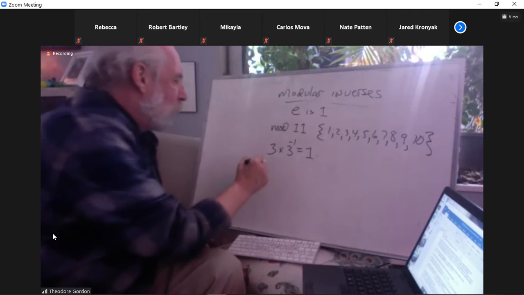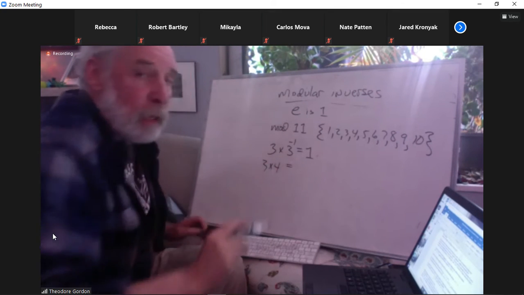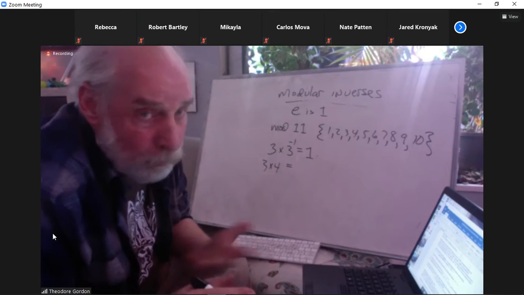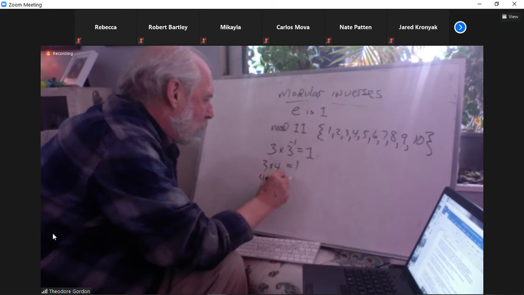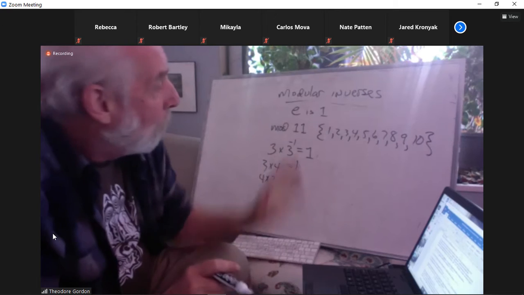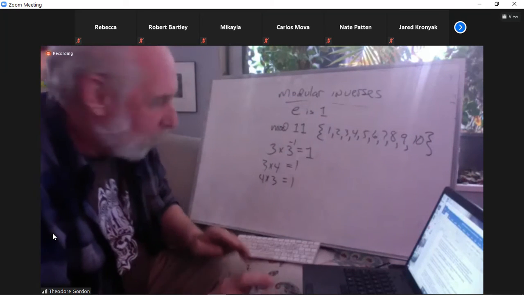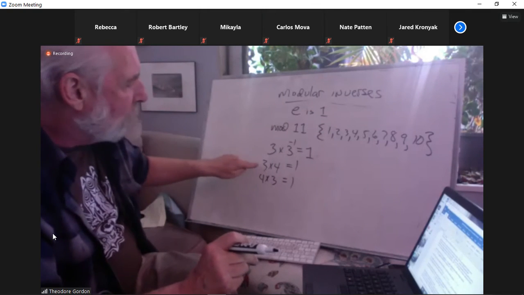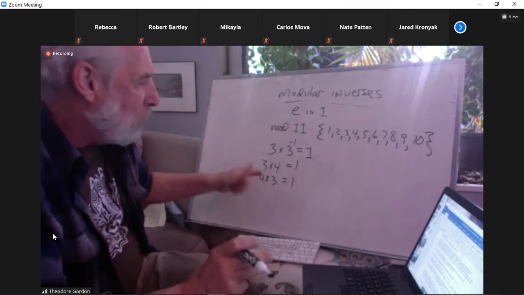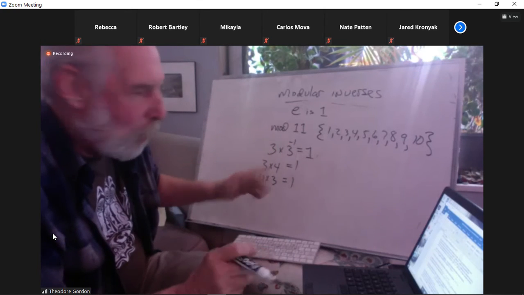So 3 times 4 is equal to 12. 11 goes into 12 once with a remainder of 1, and 4 times 3 is 1. So they commute, but in modular multiplication, commutativity always works anyhow. So they are inverses of each other. You can say that 3 is the inverse of 4, or that 4 is the inverse of 3. Where you put the negative 1 doesn't matter.